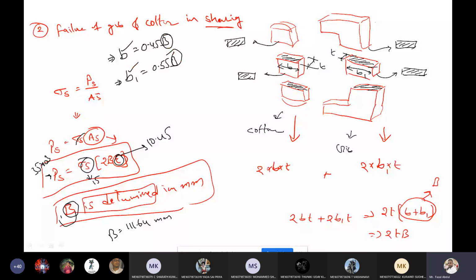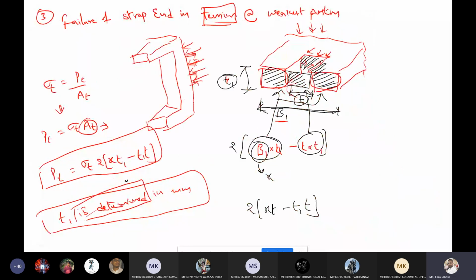Okay. Now the third one. Here we are going to determine the T1 value. So PT is given 35 kilonewtons into 10 to the power of 3. Sigma T, how much is given in the question? 20. And X value we got as how much? 41.83.